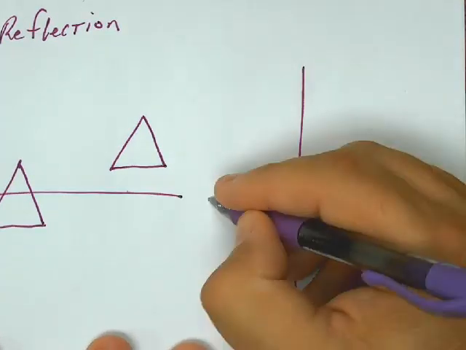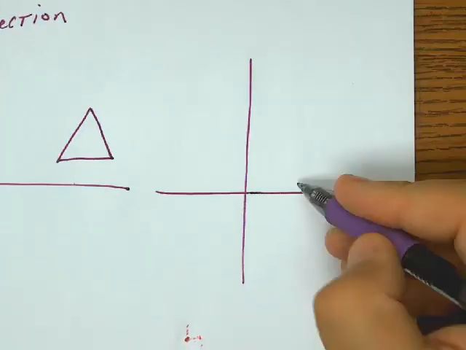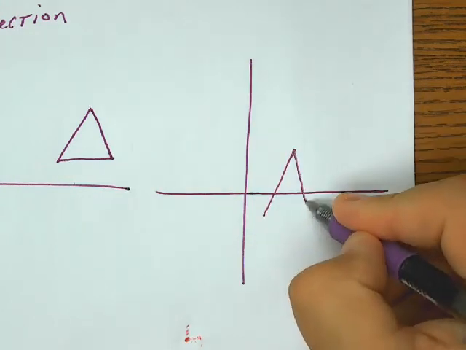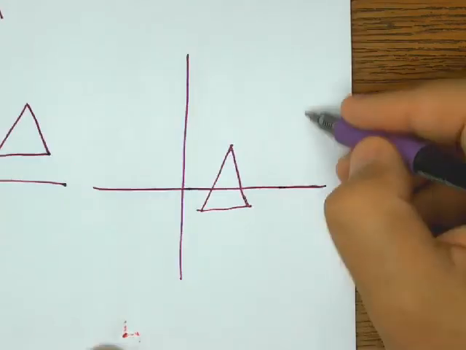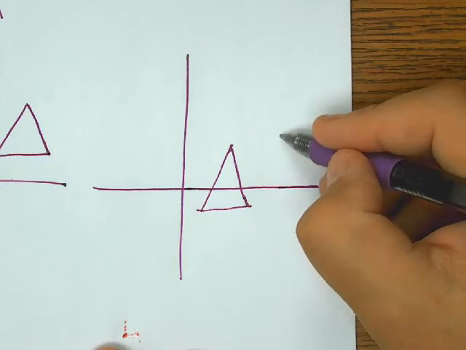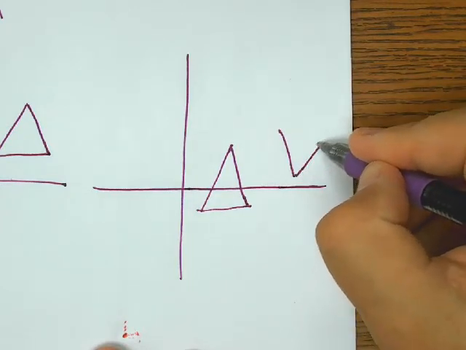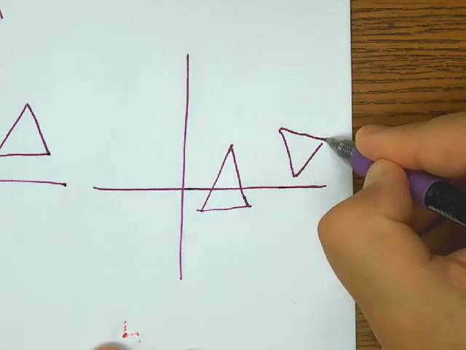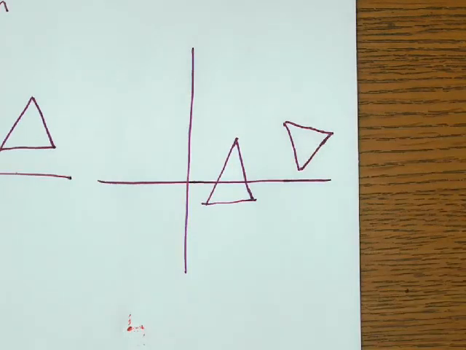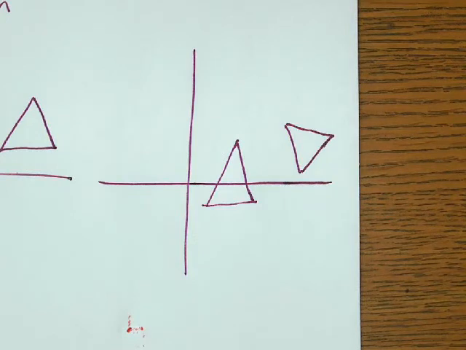I've got to reflect it, not just move it. Let me try that. All right. Now, say I've got that picture. How do I determine the line of reflection?